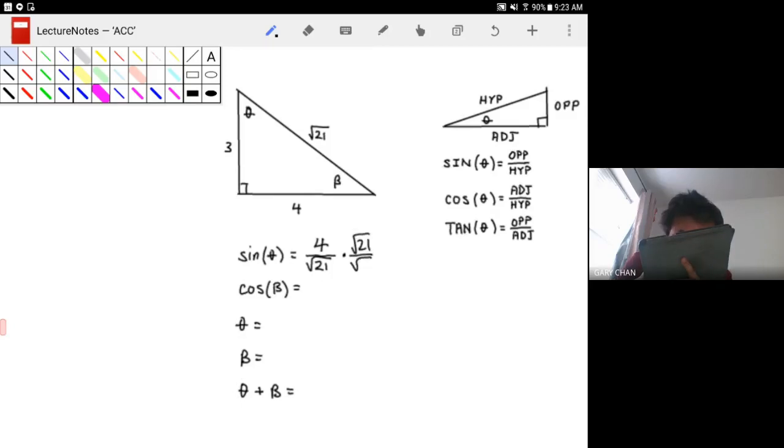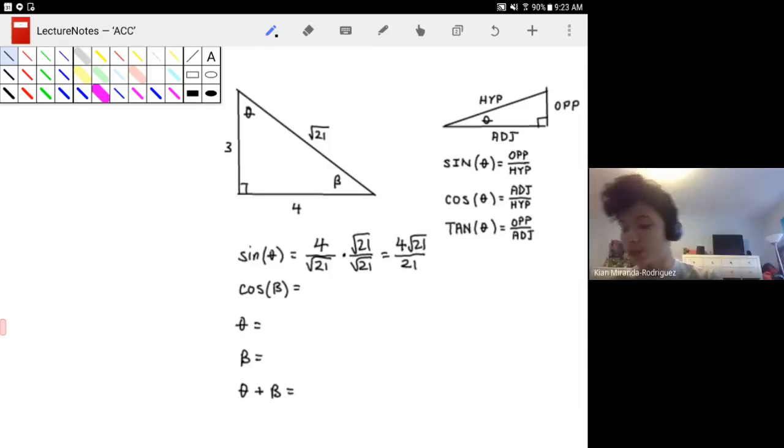If we do that, we end up with 4 radical 21 over 21. So that's sine of theta. We're going to repeat this for cosine of beta. Kian, can you tell us what that is? It's basically the same thing. It'll be 4 over radical 21 times radical 21 over radical 21 equals 4 radical 21 over 21.